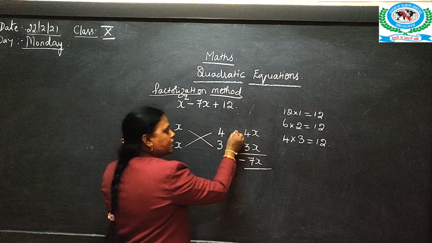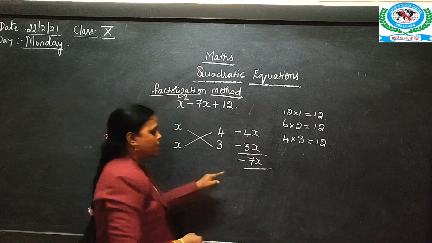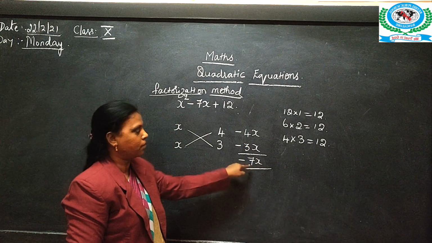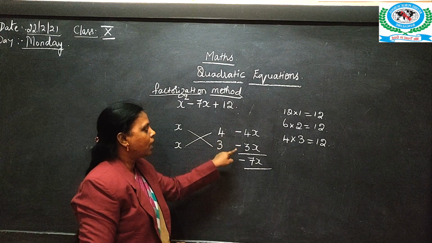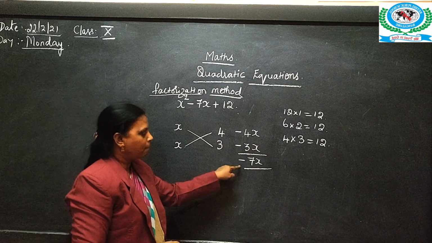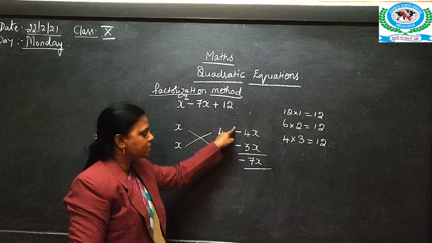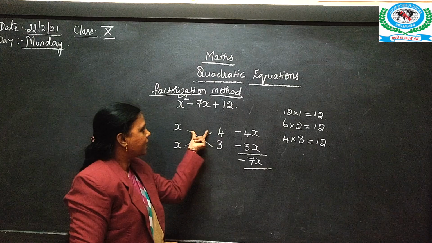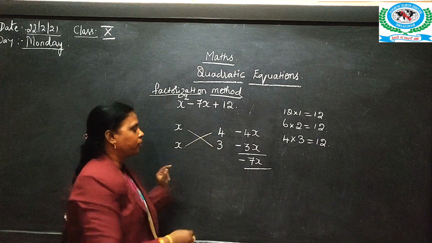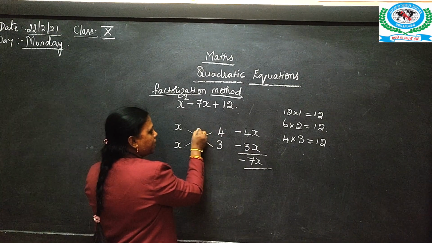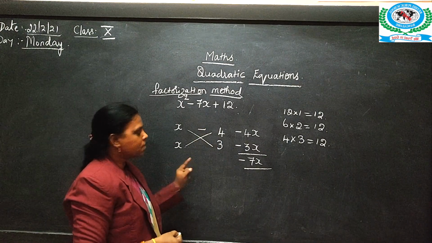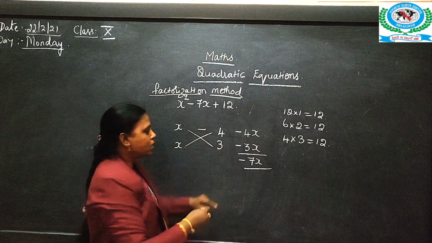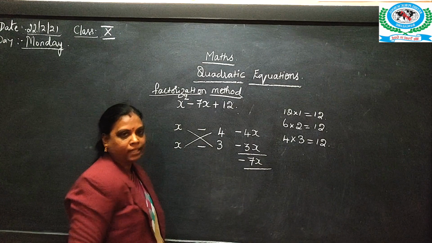For both the terms, if I put minus only, I will get minus 7x, because minus 4x and minus 3x will give me minus 7x. Whatever signs I have put here, the same sign must be carried in between these two. Here I have taken minus, so it comes minus. Here also I have taken minus, so it comes minus.